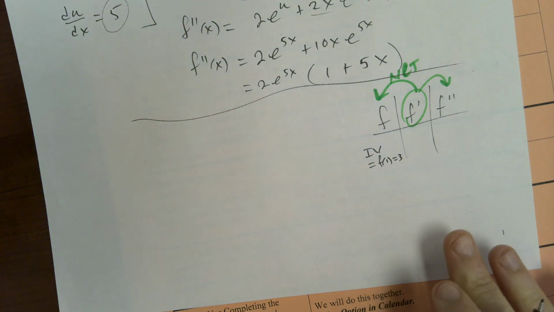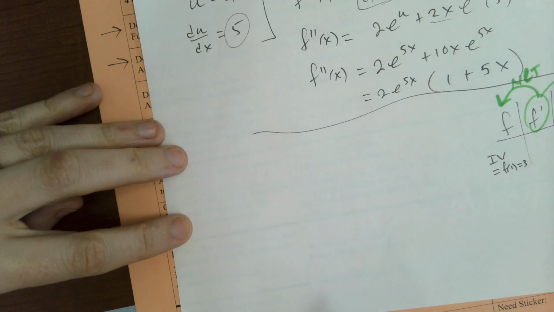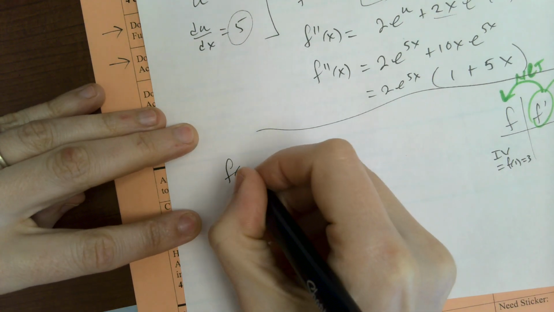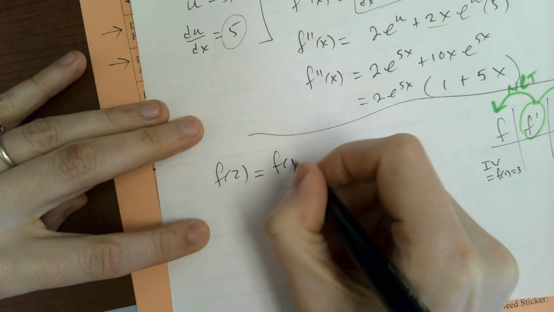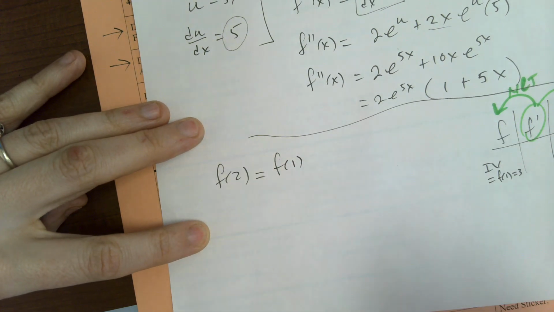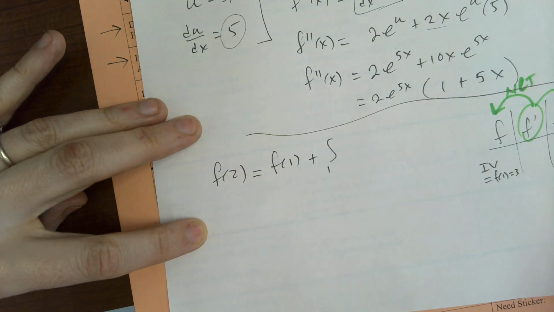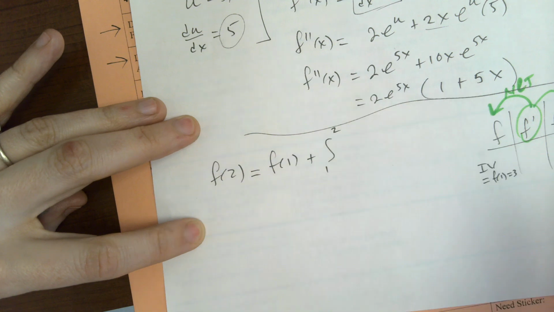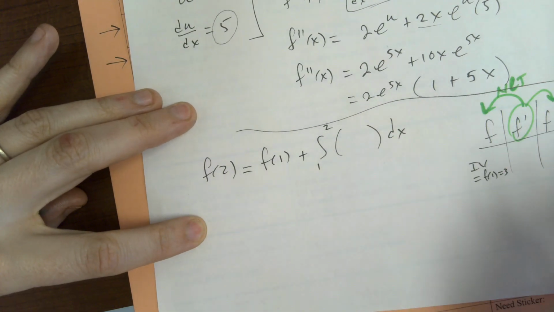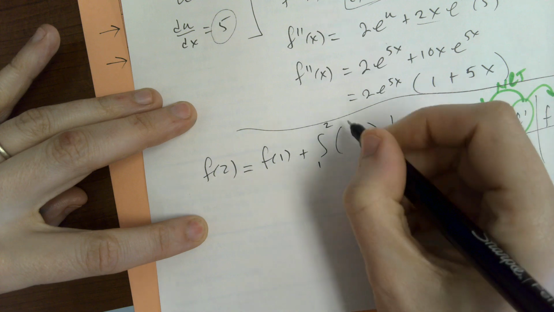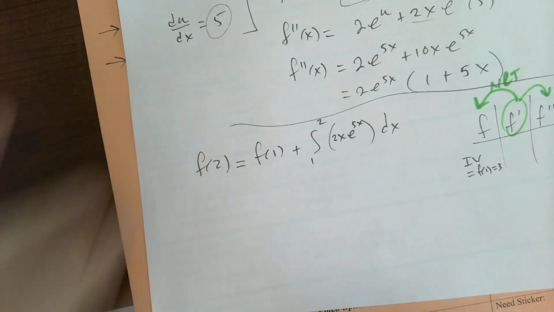So, okay, f of 2, net change theorem, so f of 2 is equal to f of 1, final value equals initial value, plus the integral from initial time to final time, dx, f prime of x, but this is 2x e to the 5x.